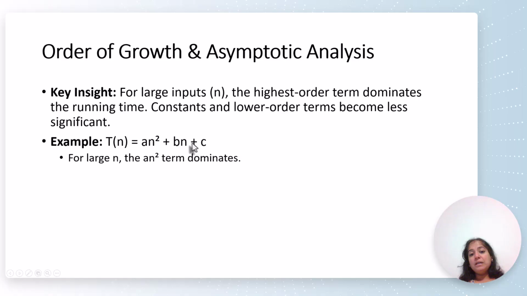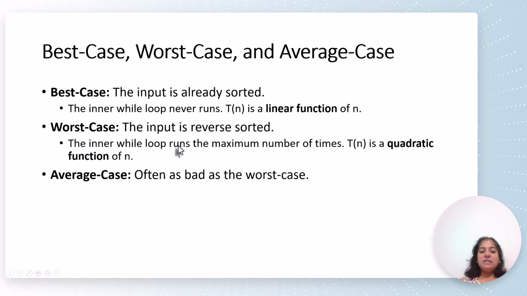We are not going to use it. Bn and an square: n square is the dominating term, then n, right? So we will keep the n square and leave the lower order terms. For a large value of n, the an square term will dominate. So we will deal only with this case.